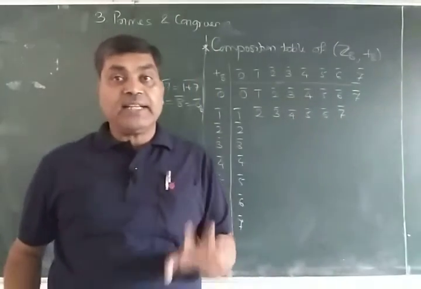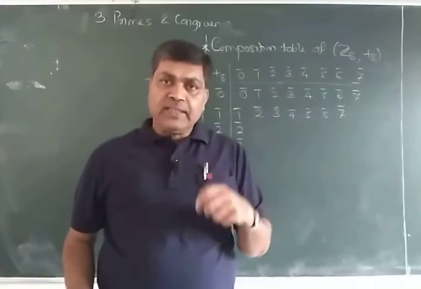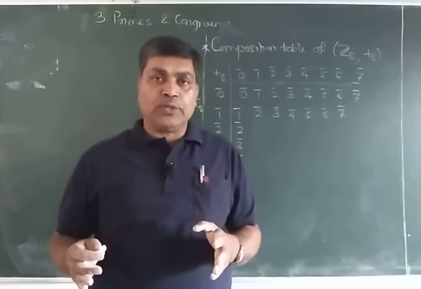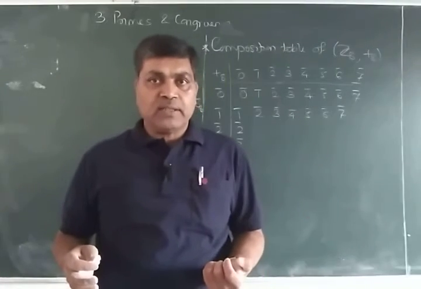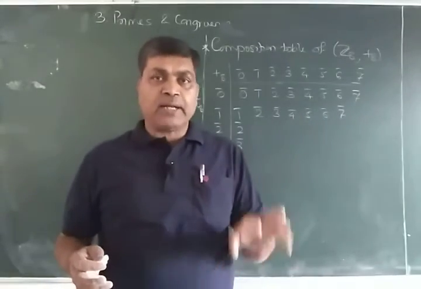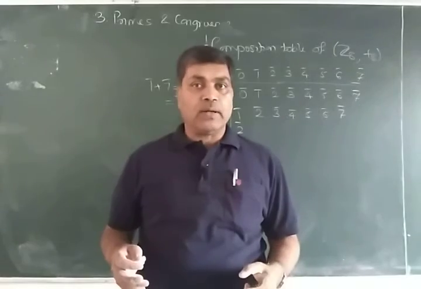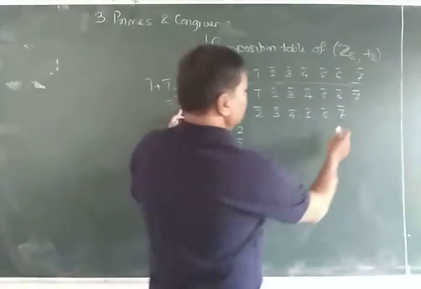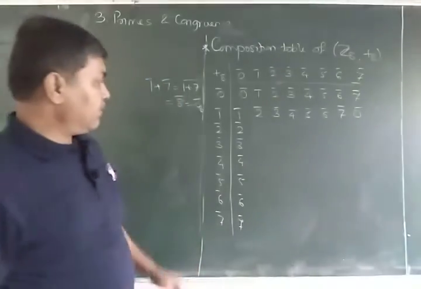If you write 8 bar it is also correct, but I am denoting Z8 containing those residue classes modulo n, that is 0 bar, 1 bar up to 7 bar. So you have to represent that 8 bar by only a notation among 0 bar, 1 bar up to 7 bar. Is it clear? So what is this 8 bar? It is nothing but 0 bar.